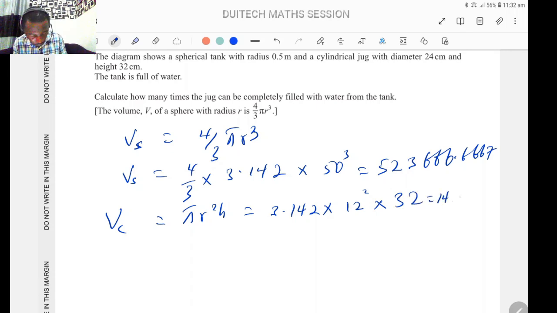So 12 squared is 144, then times 3.142 times 32 gives 14,478.338. With that, the question now is how many of this jug will fill this tank.